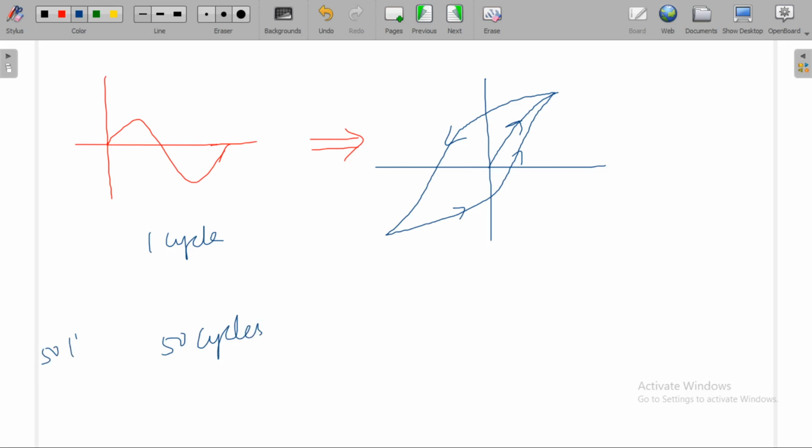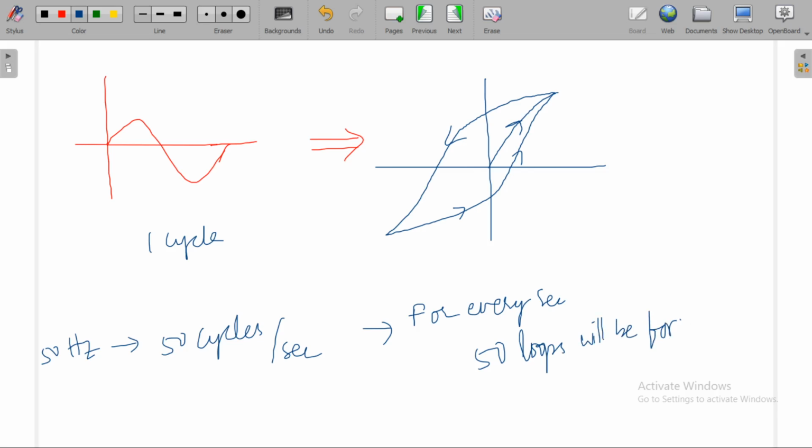So for every second, 50 loops will be formed. Hysteresis loss depends upon the thickness of the hysteresis loop.